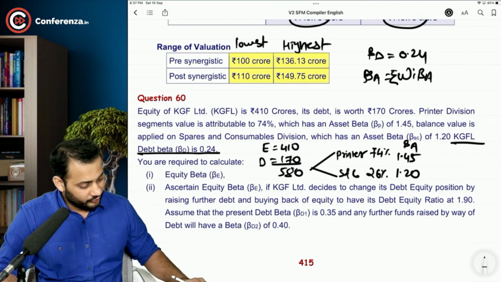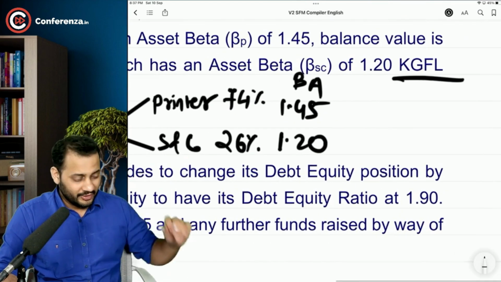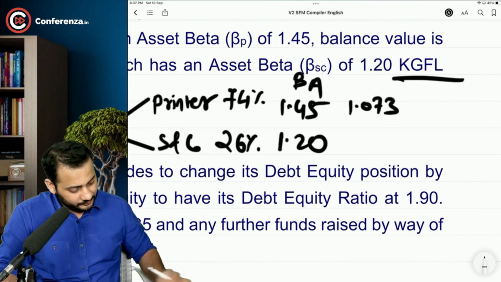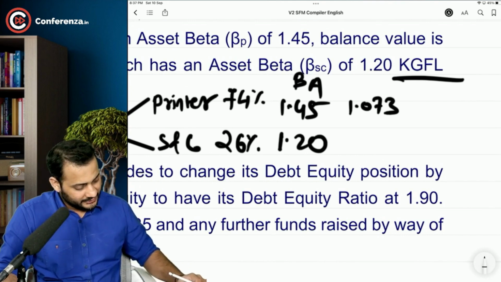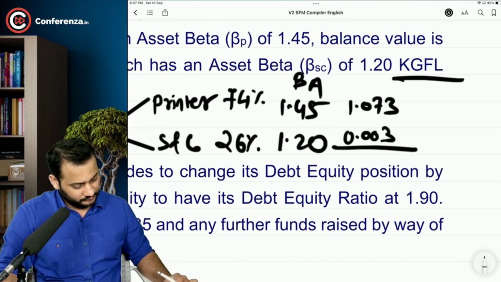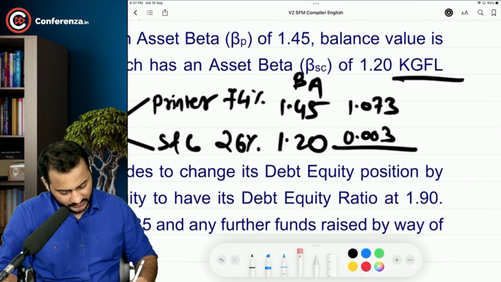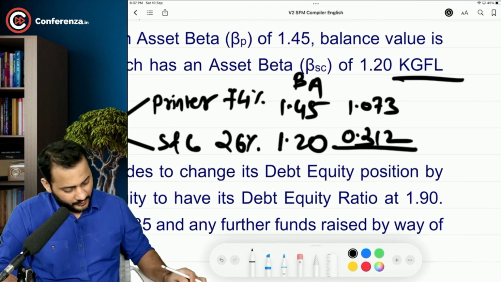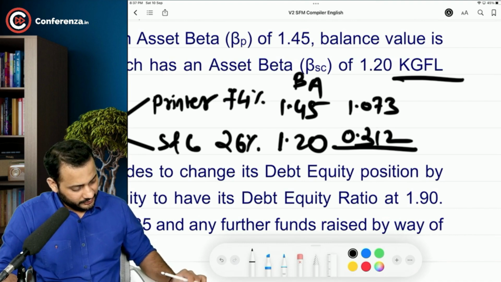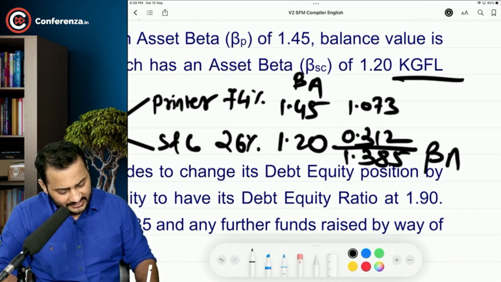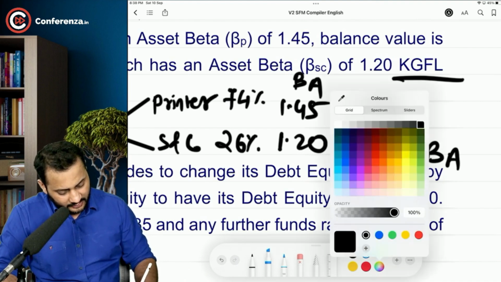So 1.45 into 74% will give you 1.073. 1.20 into 26% will give you 0.312. So 1.073 plus 0.312 will give us 1.385. This becomes the asset beta of the entire company.